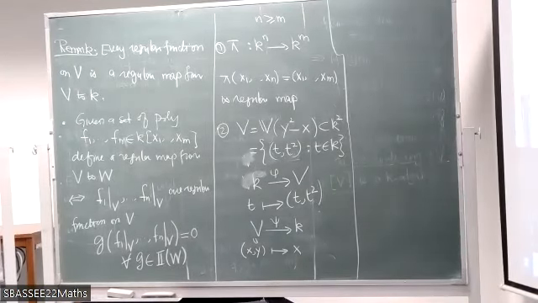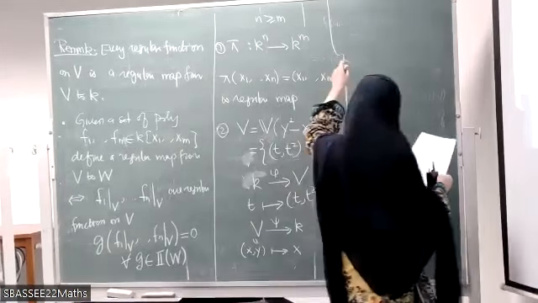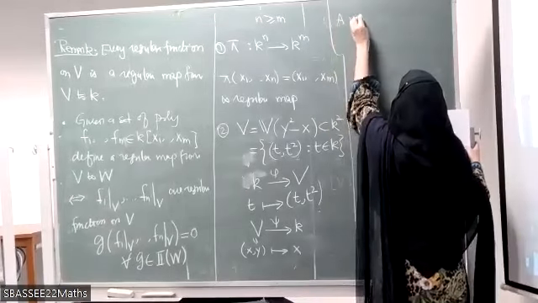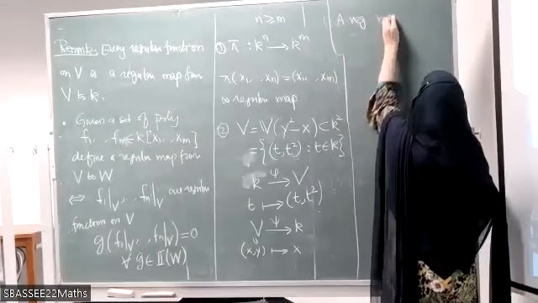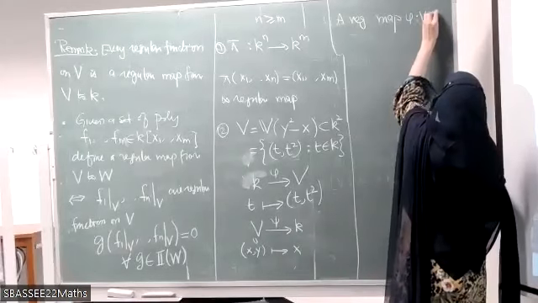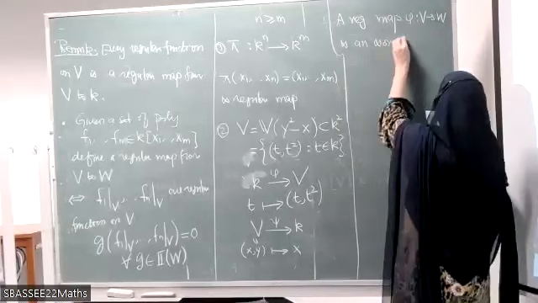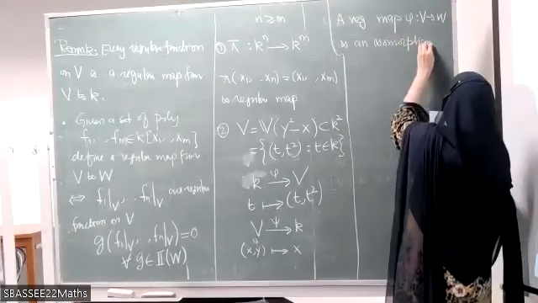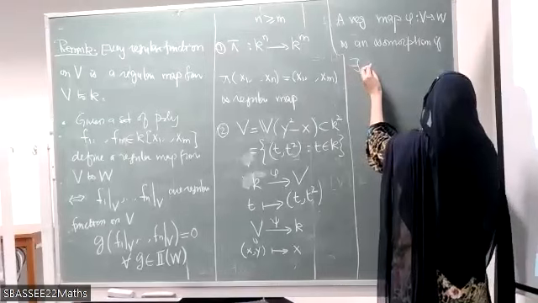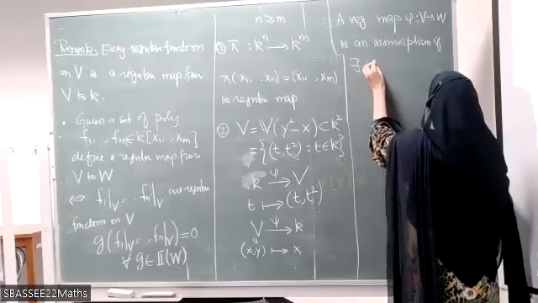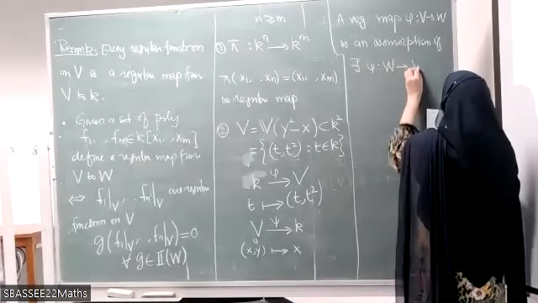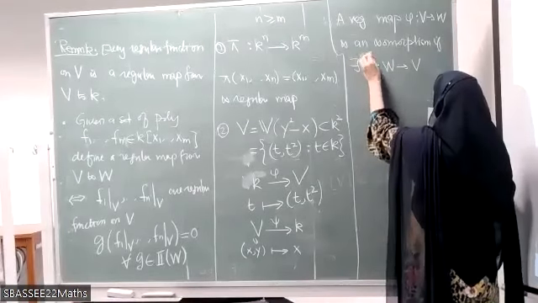Okay, so I will definitely extend this definition. So let me just add that definition here. A regular map phi from V to W is an isomorphism if there is a map psi from W to V, which is again a regular map. It is important here.